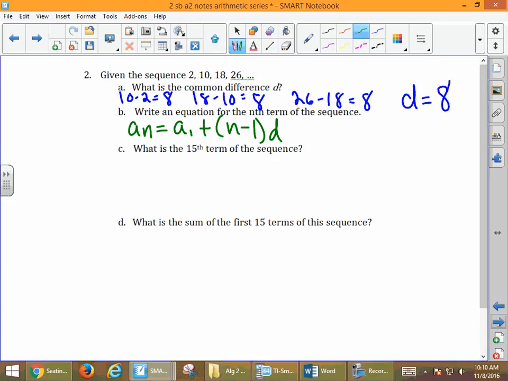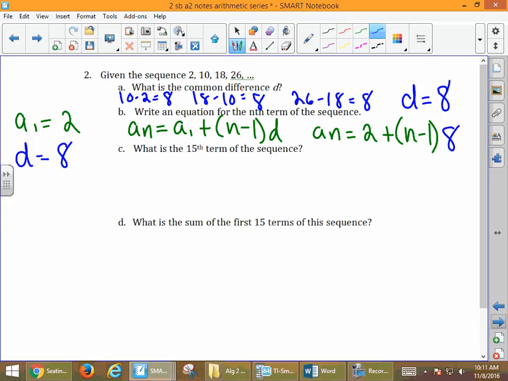And when we look at what we have here, our a sub 1, the first value in our sequence, is 2. Our common difference we just found is the 8. And that's all we know on this particular one. But we're going to fill in our equation. Now we get a sub n equals 2 plus n minus 1 times our 8.